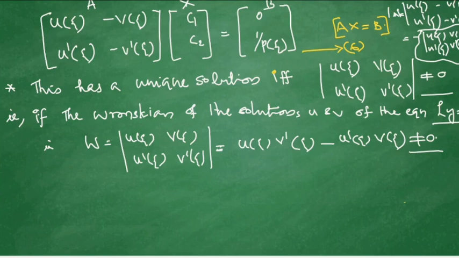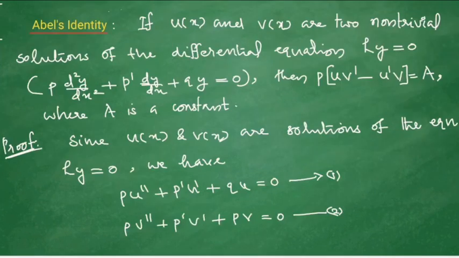Now, before finding the values for C1 and C2, first of all, we have to use an identity that is known as Abel's identity. To get the value U of theta V dash theta minus U dash into V of theta, or to find the Wronskian of the two solutions, it is given by Abel's identity or Abel's formula.